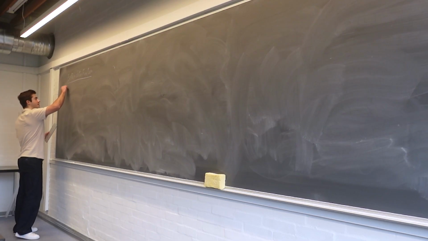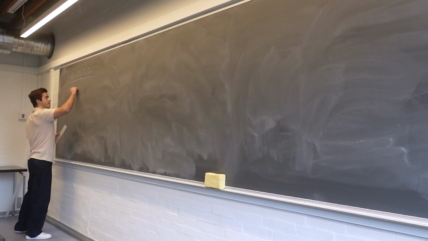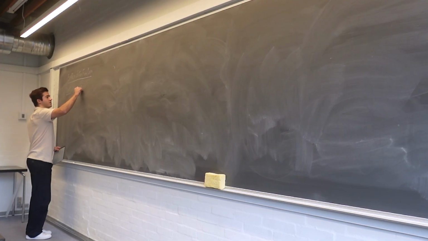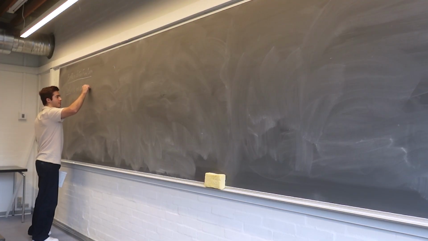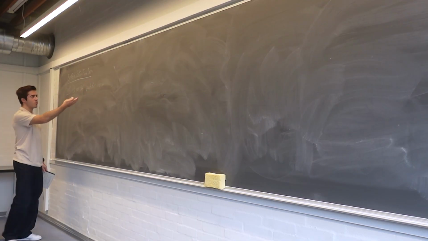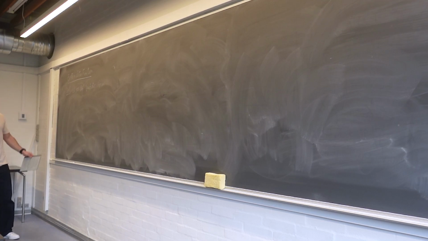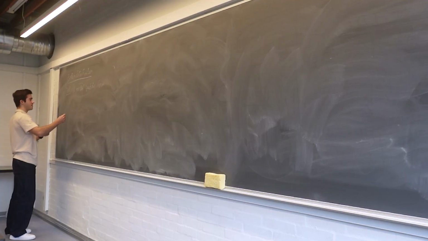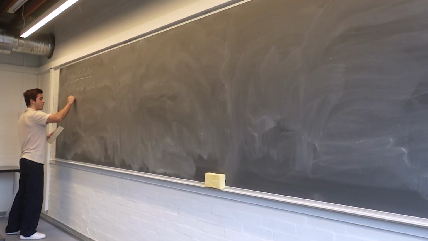So, definition: we'll take Q to be a positive definite quadratic form. I will treat it as a matrix, abusing notation, but it's more or less the same.